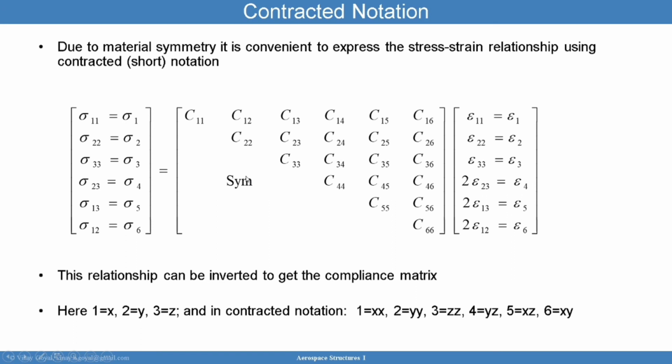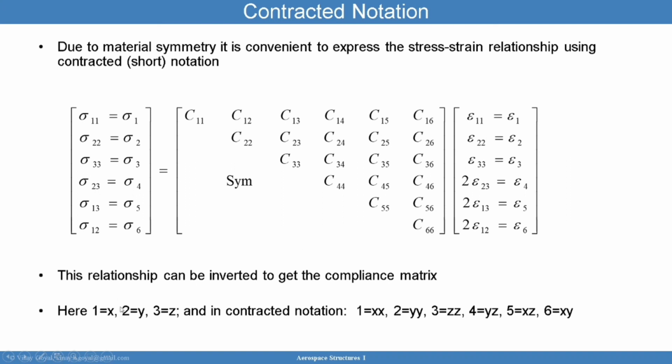We're also going to talk about a contracted notation, which is used often. But first I want to show you the order of how these stresses and strains are located in this column. Usually it's convention to put the normal stress components first, and then the stress with the highest index, 2 and 3, or y and z.